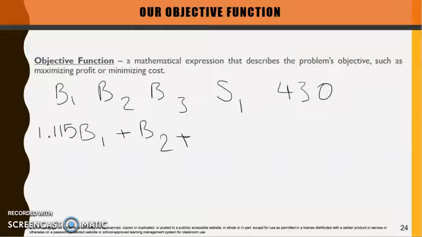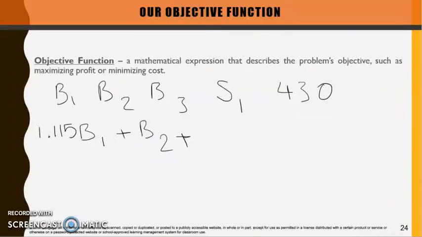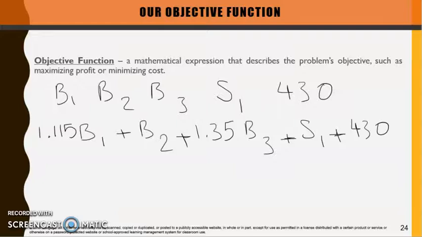The price of B3, I guess it was 1350, so it would be 1.35 B3, plus S1, the amount of money that we put in the savings, plus 430, which is already in the K measure.